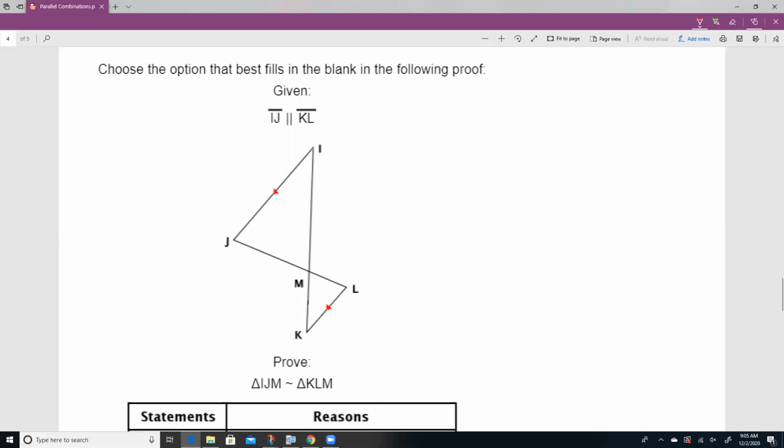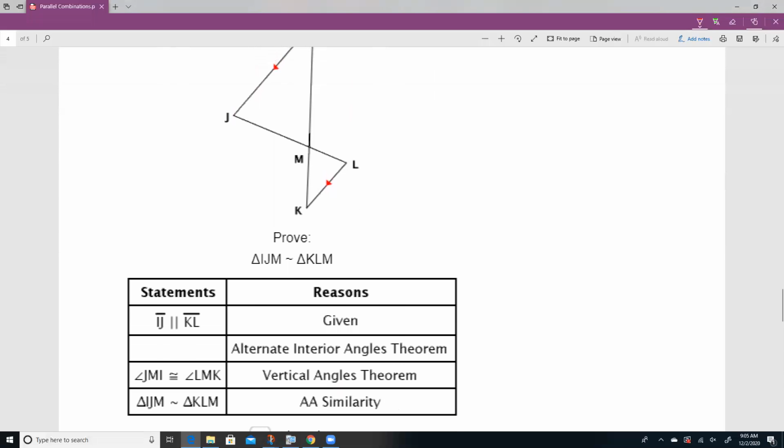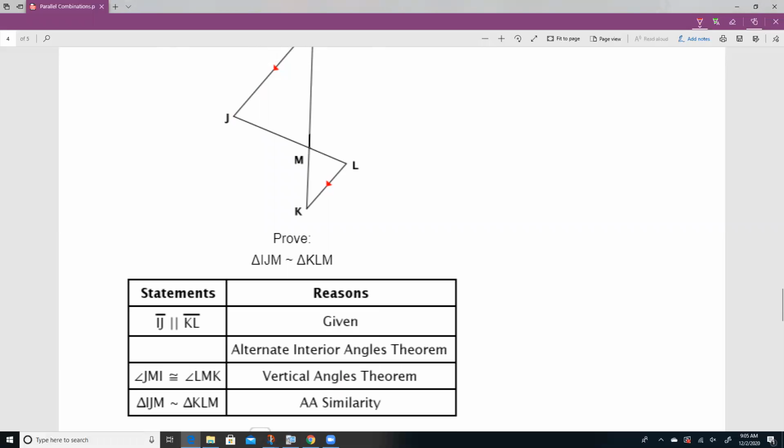We're going to choose the option that best fits in the blank. We're trying to prove that IJ, oops, sorry, that's what we're given. We're given that IJ is parallel to LK. Okay, so far so good. Now we're going to try and prove something by alternate interior angles theorem.